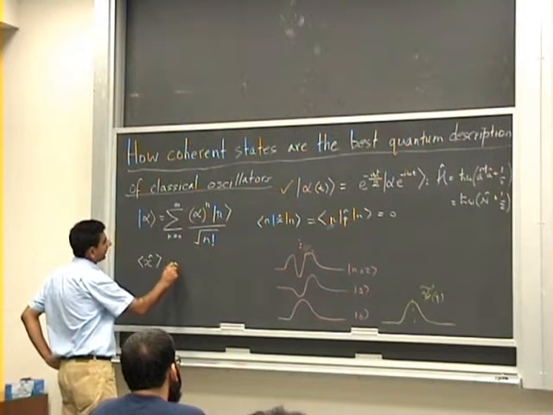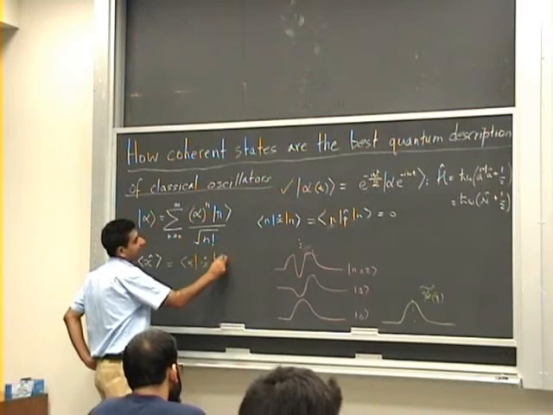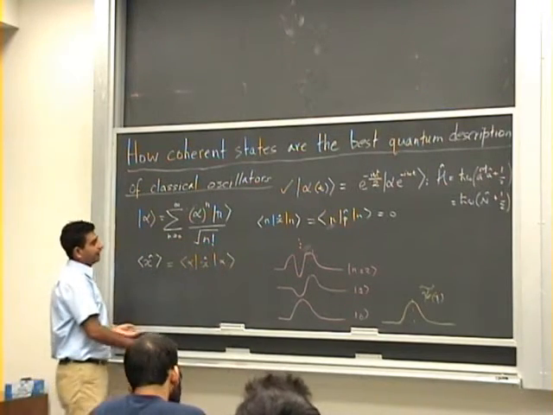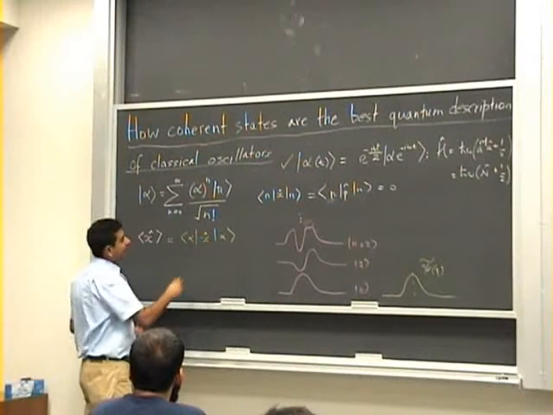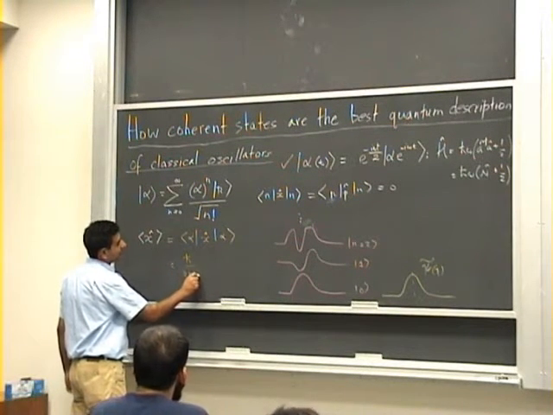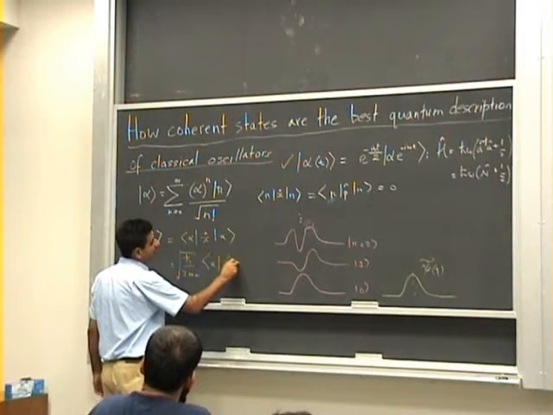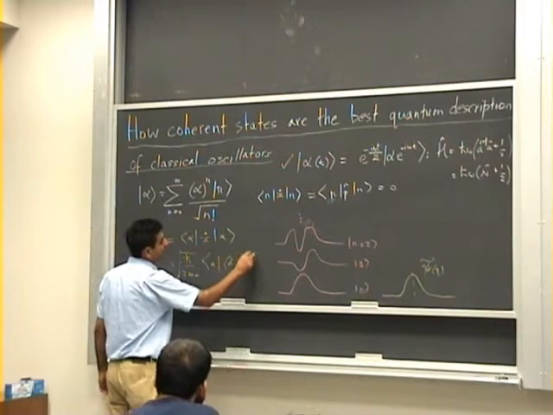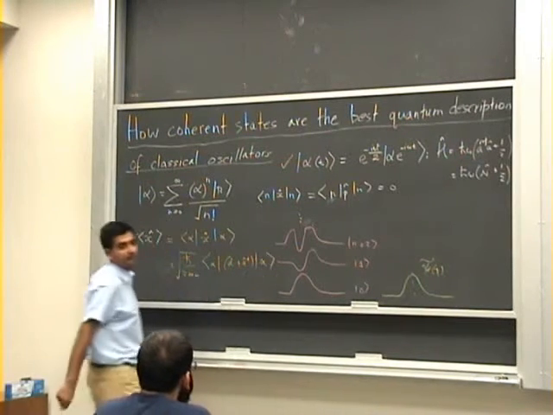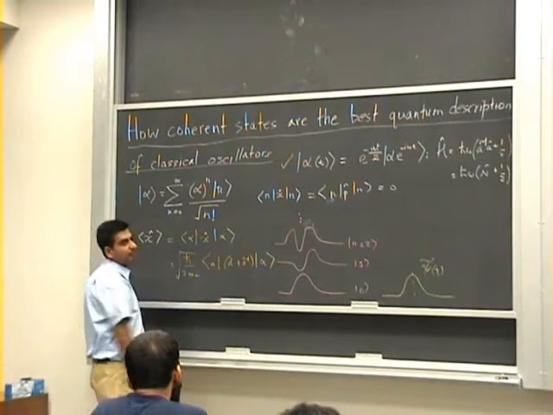Now this is given by bra alpha x ket alpha, right? And we know that this x is really the square root of h bar over 2m omega times bra alpha (a plus a dagger) ket alpha, where these alphas are now time-dependent complex numbers.